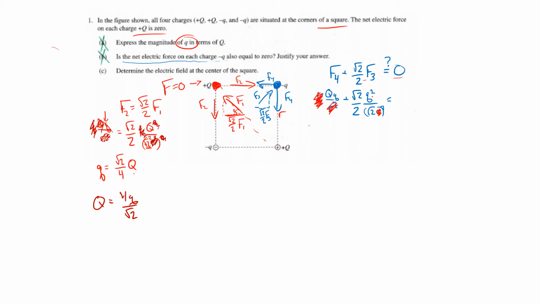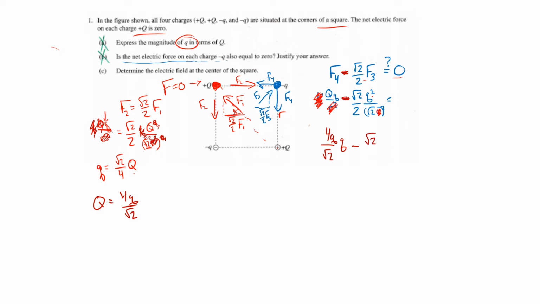So big Q is going to equal 4 little q over square root of 2 times little q. Oh, this should be a minus because these forces are opposite. It doesn't matter which one's opposite, but we'll switch them to a minus. And then what's left over here?